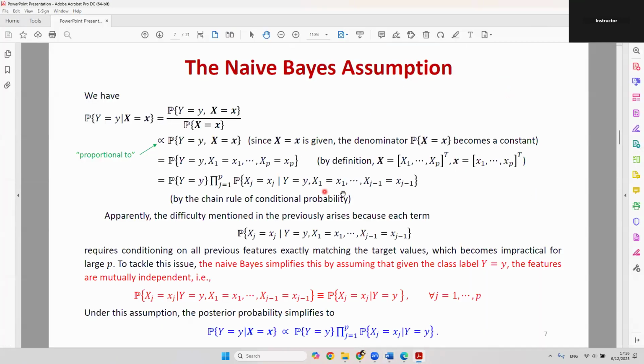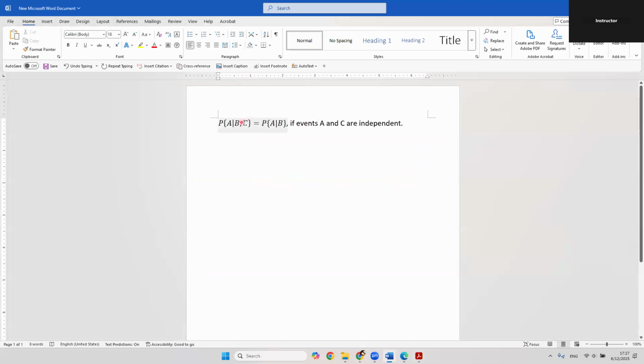So here, where is it? Here, assuming that for a given label, features are independent, and hence, for the probability Xj = xj given Y = y, all these can be ignored. All these, X1 equal to whatever, up to Xj minus 1 equal to whatever, they're like this C in the formula.